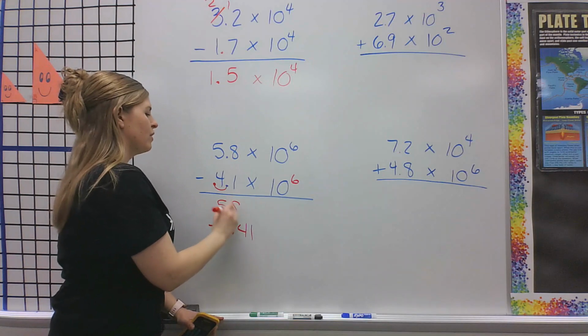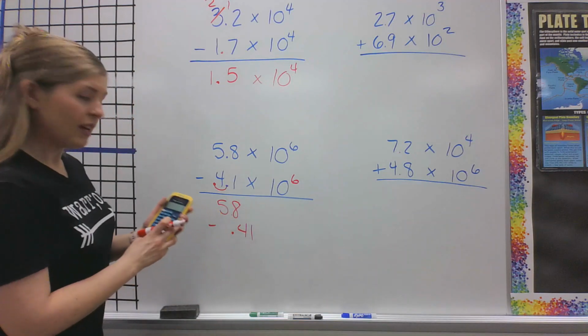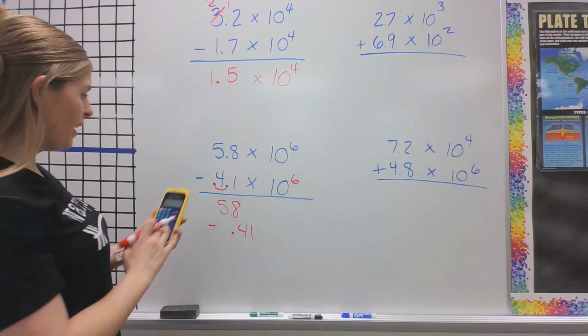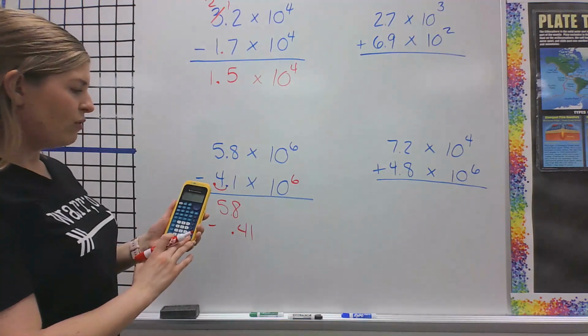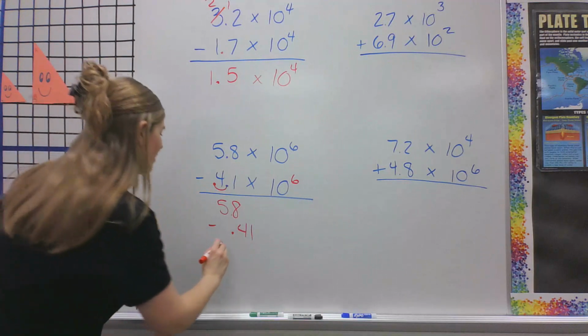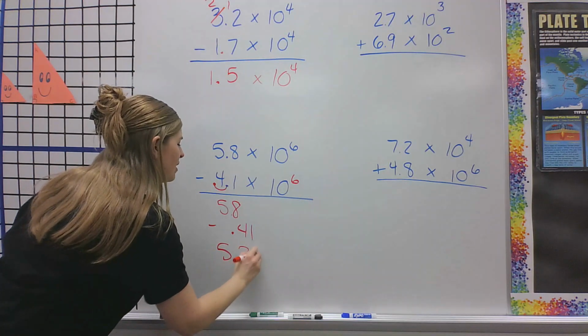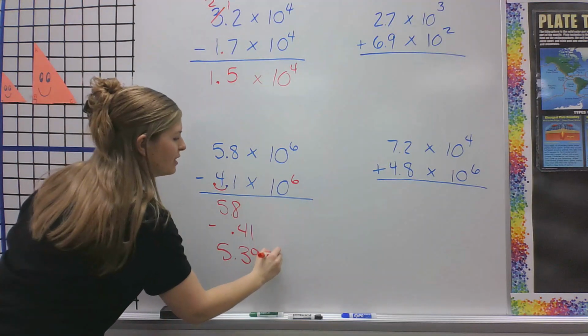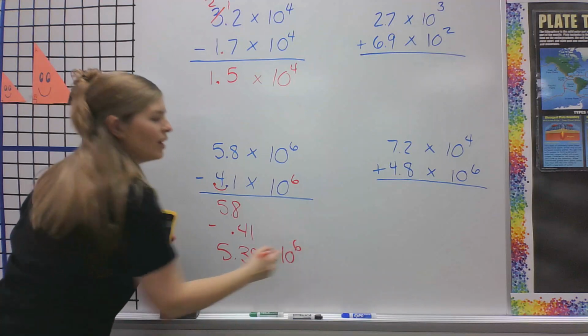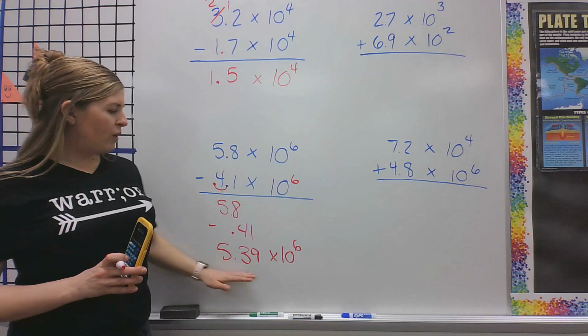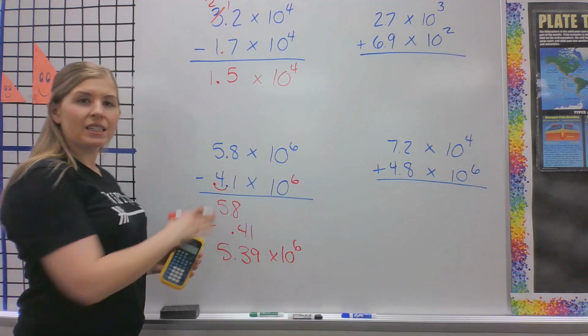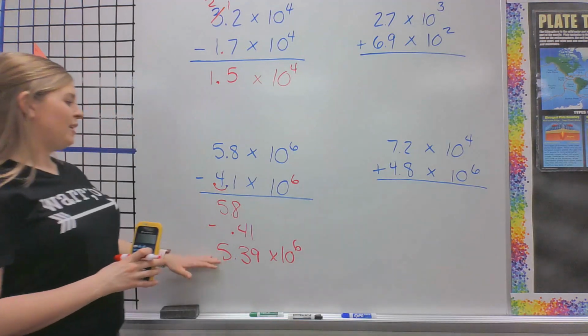If I get my trusty calculator, or you can do it by hand, you do 5.8 minus 0.41, we get 5.39. And we're going to keep our same power of 10. We have 5.39 times 10 to the 6th for this answer.